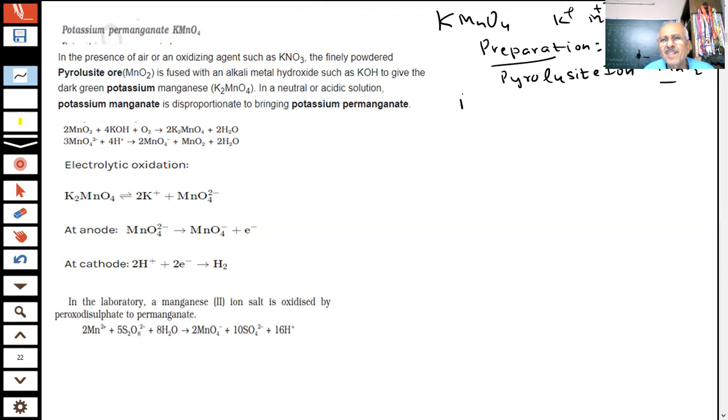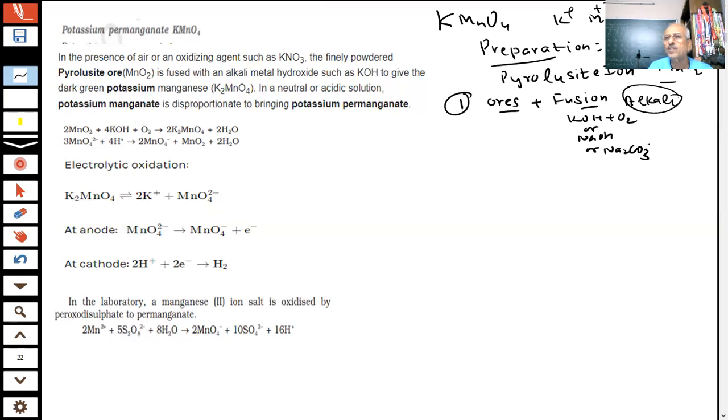One thing is important: fusion means heating with alkali and oxygen, or NaOH or Na2CO3, but some alkali is there. Alkali and oxygen, heat it. That becomes fusion. And in the fusion process, what you are getting here is K2MnO4, students.